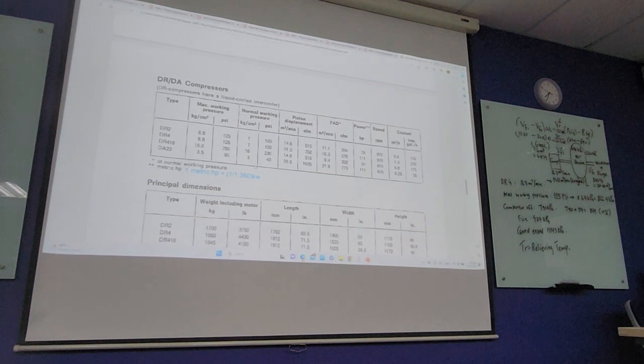So this G is good, optimum. I think it's gauge pressure, kPa gauge. So it's 620 minus 690.